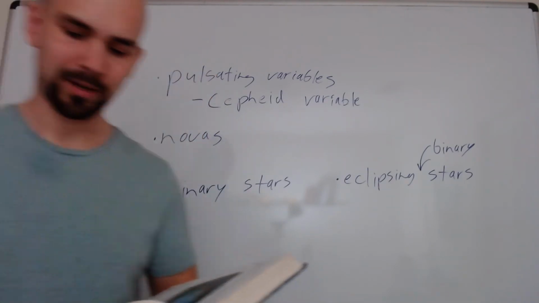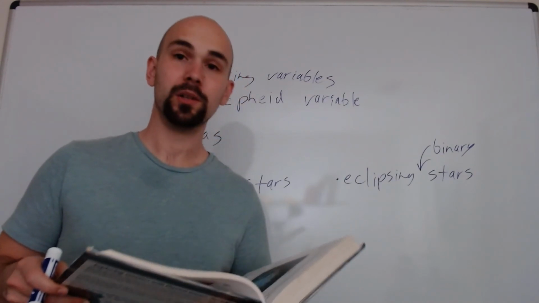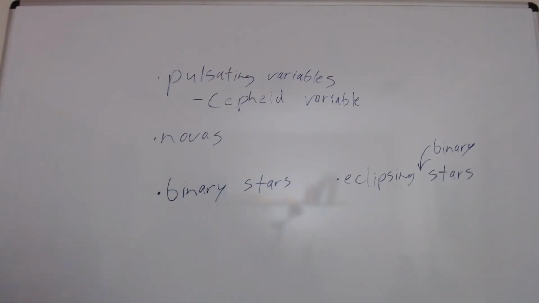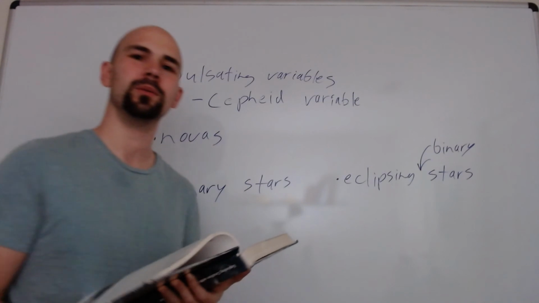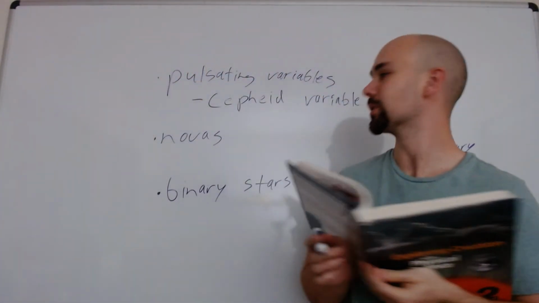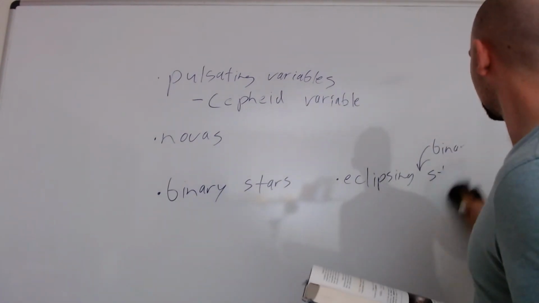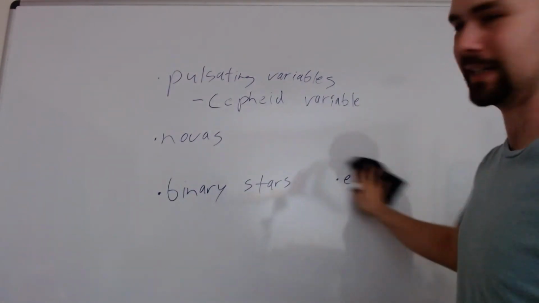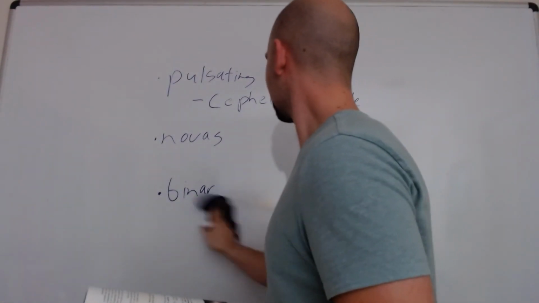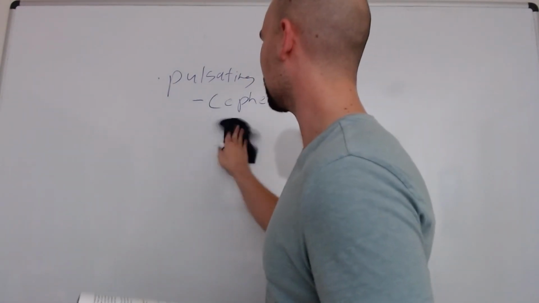Now we're going to talk a little bit about measuring the distance to different stars. So there are two actual ways to measure the distance of a star. The first one is called the parallax method, and I'm going to go into that in my next video, and I'll just write it on the board though.